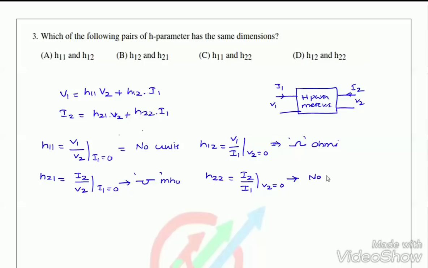It is having no units. In the given question, which pair of H parameters has the same dimensions? These two are different dimensions, and H11 and H22 have no units. So same dimensions means C is the answer here.